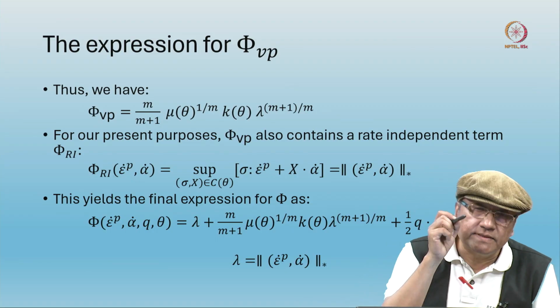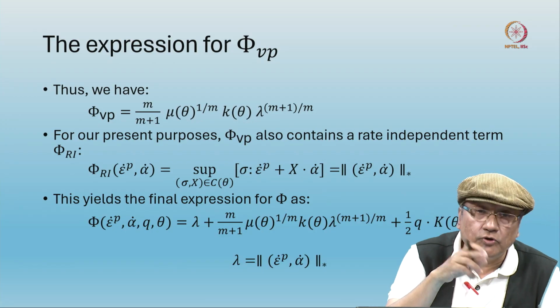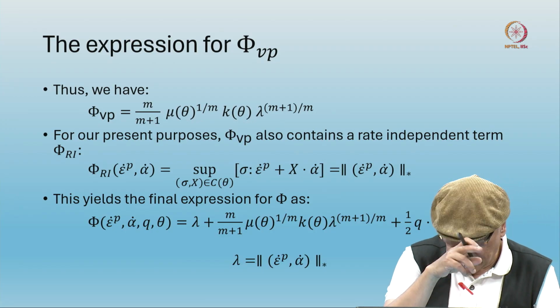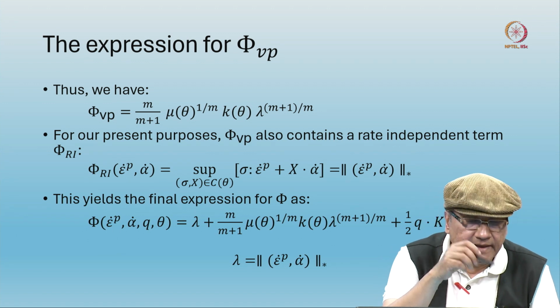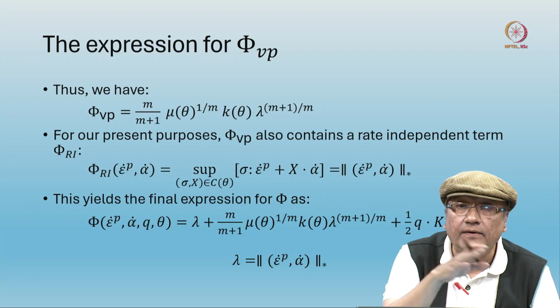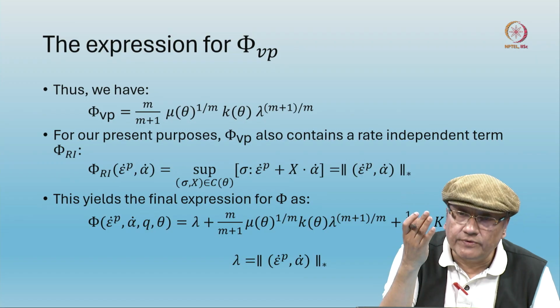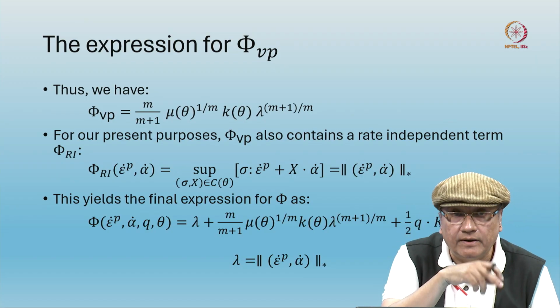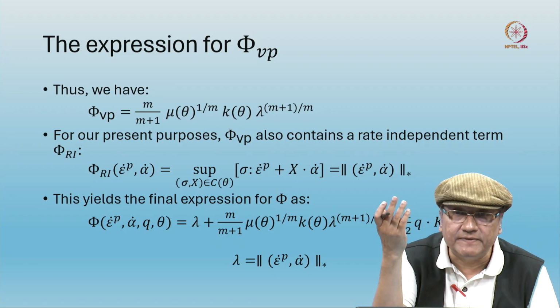Put all these things together, then you get phi Vp is this. But please recall, this is very important, we have found phi Vp, but we also have to add the phi Ri, the rate independent part. And recall that even though we add phi Ri, there is no phi star Ri, because phi star Ri is either 0 or infinity.